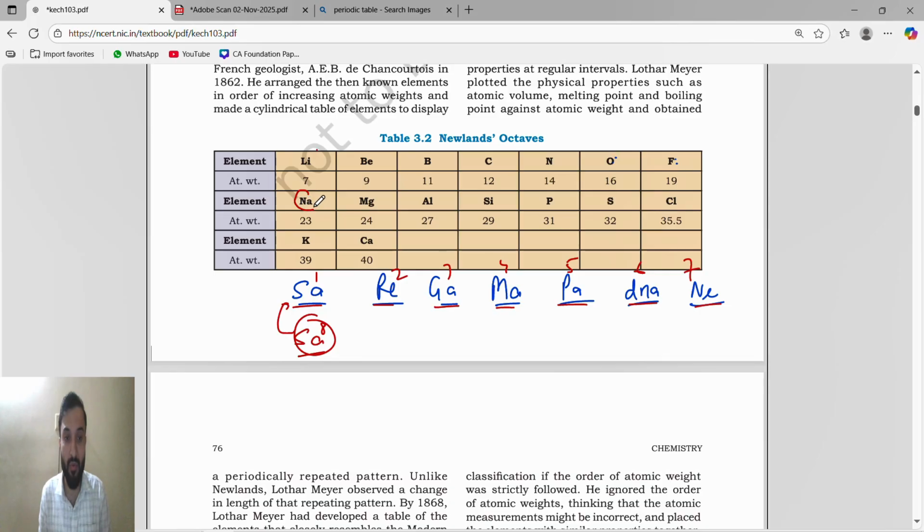So that's why every 8th element is showing similar properties to the first.